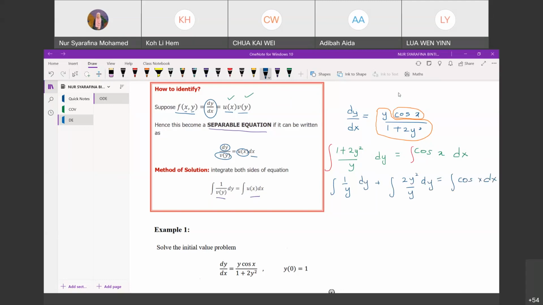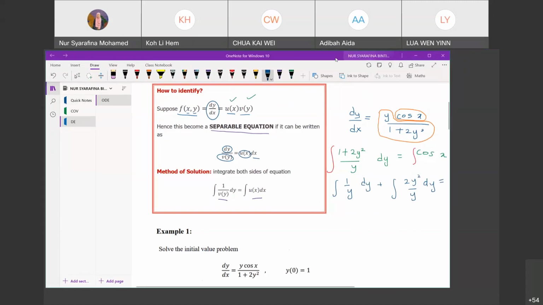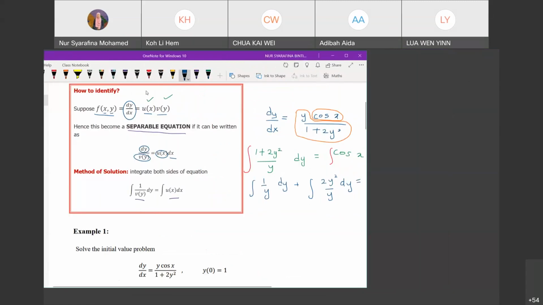Okay, can anyone integrate this for me? What should we have here? Okay, ln y plus y squared.